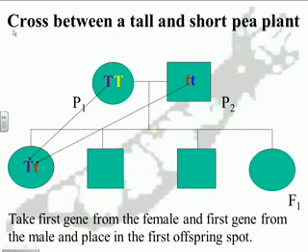And the way we get the genetic possibilities is we've got to match up one with one, one with the other. This one with one, this one with the other. So I have it written down here. You take the first gene from the female and the first gene from the male and place it in the first offspring.